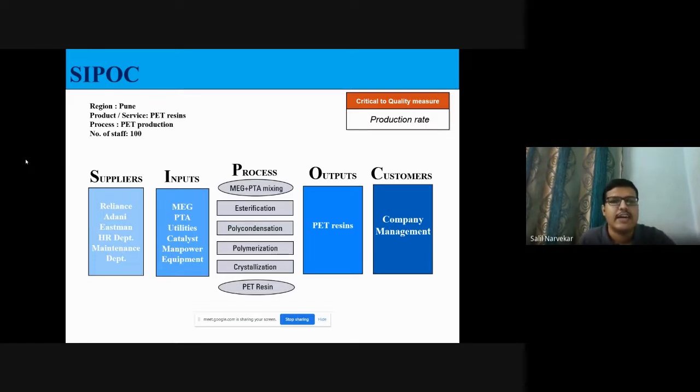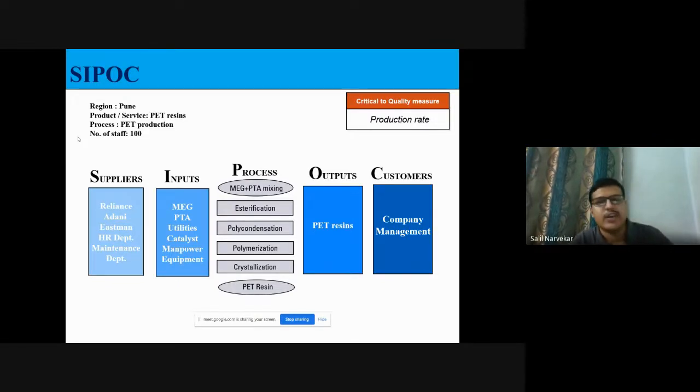It's entirely opposite, but it's basically the same thing. So now talking about the project considered here of PET production, some dummy suppliers were considered here. The inputs, as I told you earlier, the MEG and PTA are the raw materials, utilities, catalyst, manpower, equipment, some of the inputs. The process is considered here. Then the output is the PET resin, and the customer, as highlighted earlier, is the company management.